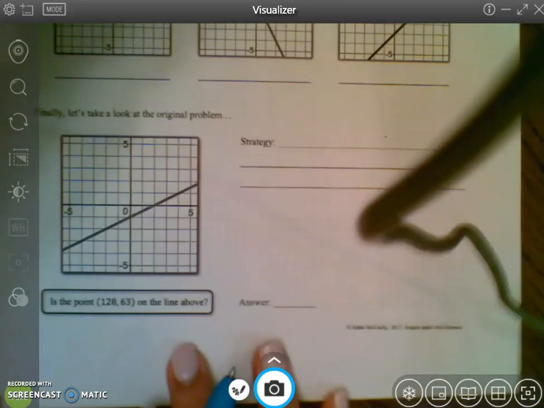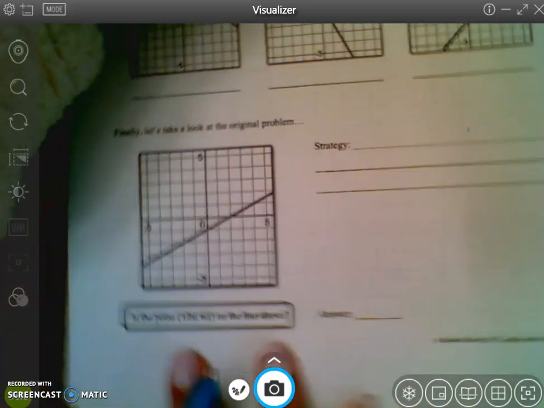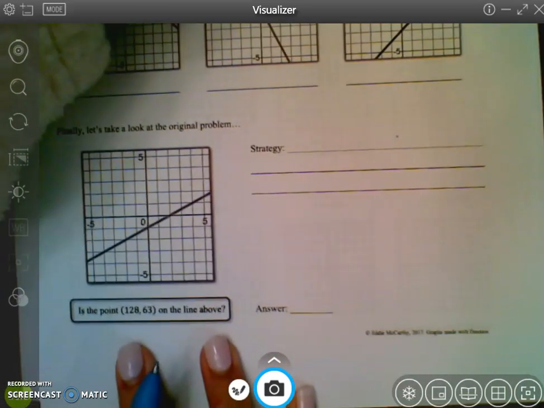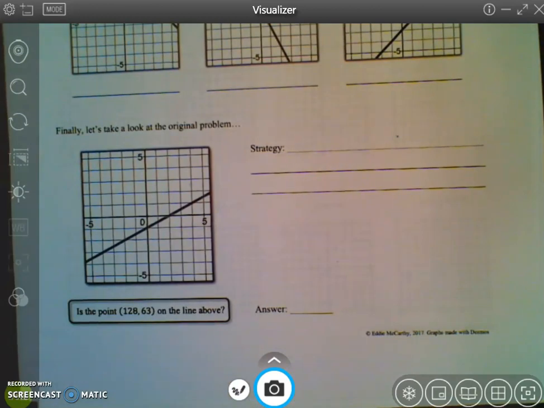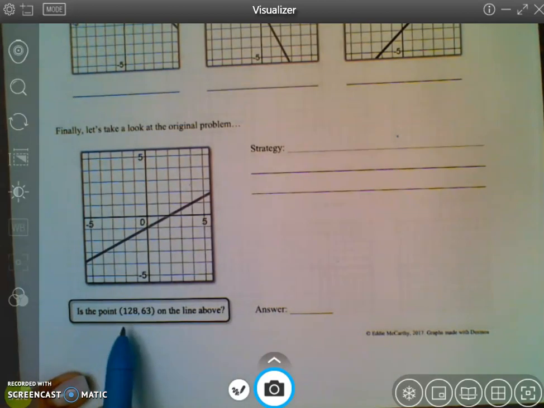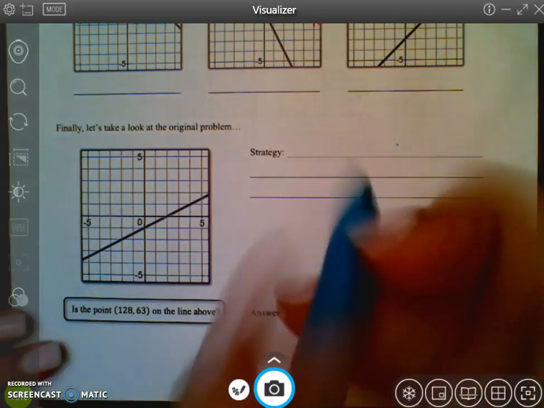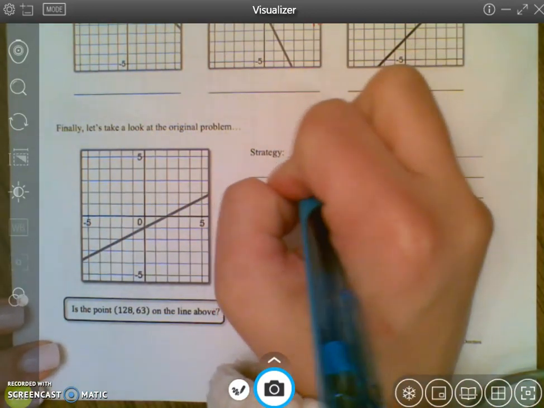So our original problem we had when we first started doing this was, given this line, is the point (128, 63) on the line above? So, strategy. The first thing we need to do is find the equation of this line.